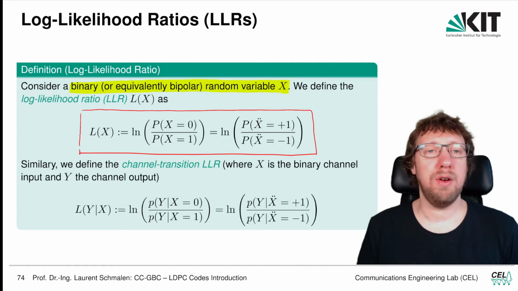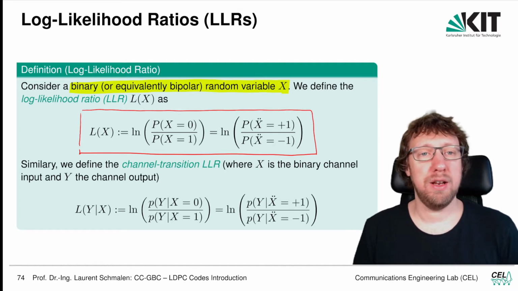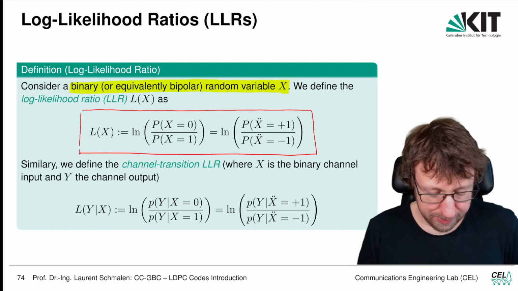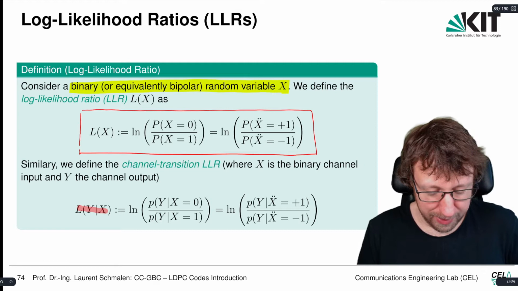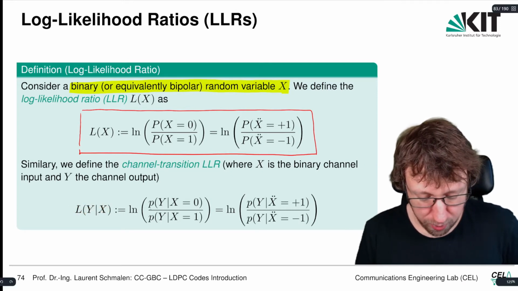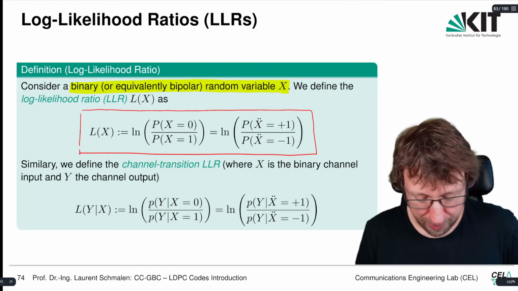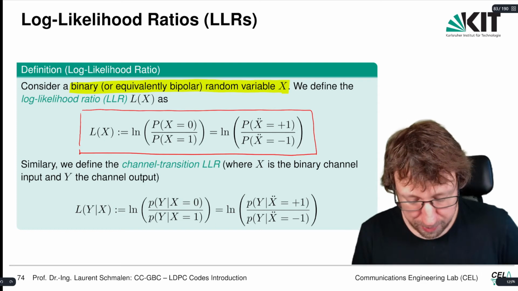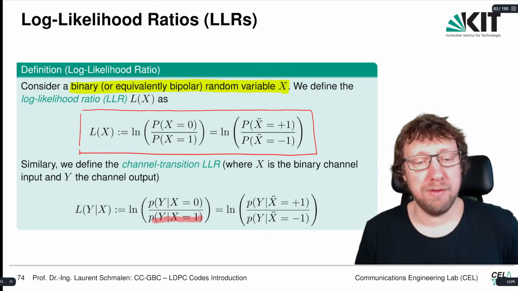We can also define a channel transition log likelihood ratio. And this is defined as L of y given x. That's the logarithm of f of y given x equals 0 divided by f of y given x equals 1.